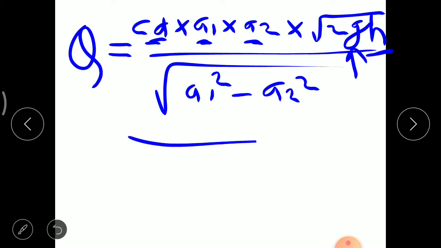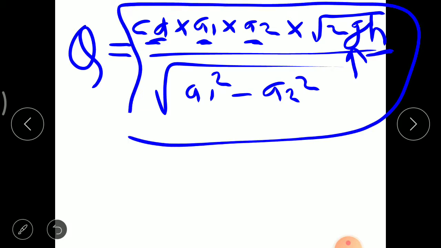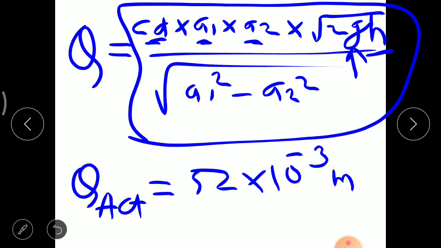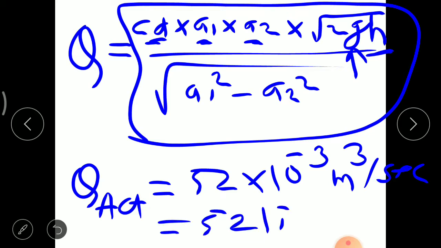Now when we put all the values in this equation, we get the value of Q actual, which is equal to 52 into 10 raised to minus 3 meter cube per second, and we know that 1 meter cube per second is equal to 1000 liters per second. So we can write Q actual is equal to 52 liter per second. This is our value of discharge.